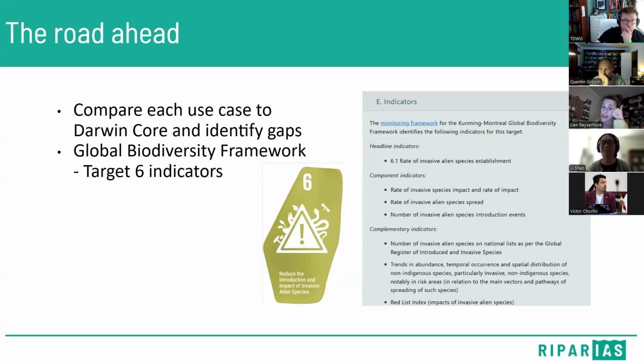Does the Darwin Core standard cover all the needs to automatically generate these indicators, to aggregate data from GBIF, so to set up automated pipelines to do this as reproducibly as possible? This is also something we will need to consider in this task group: if the Darwin Core standard contains the fields needed to calculate these target 6 indicators.